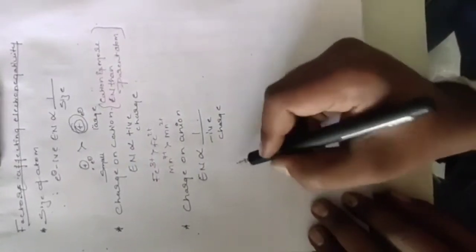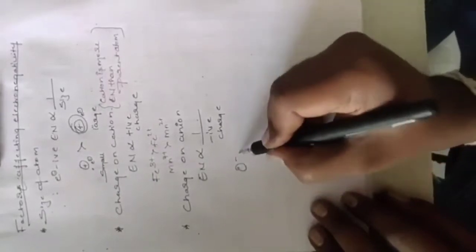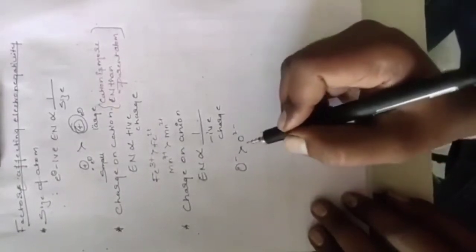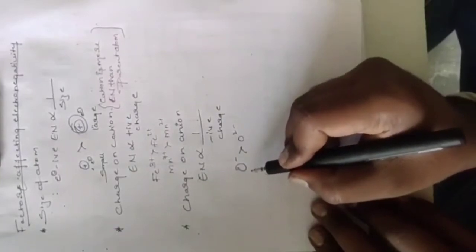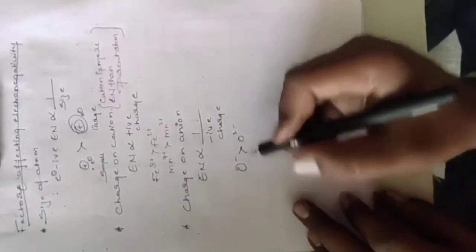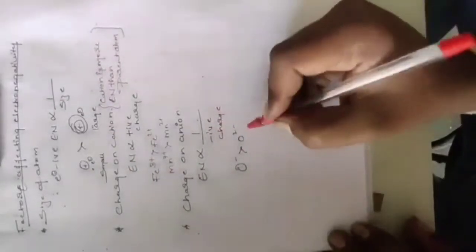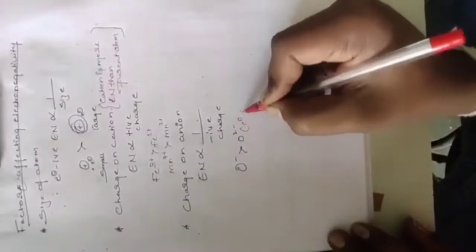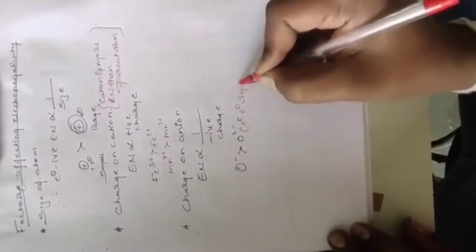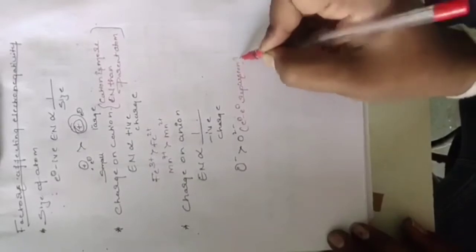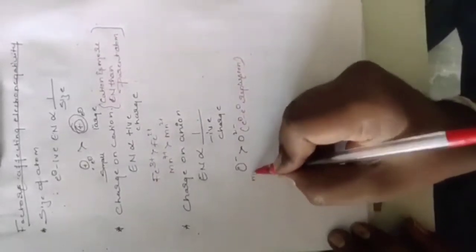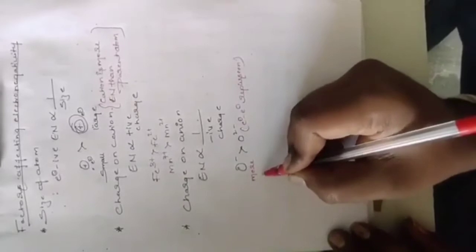For example, O minus is greater than O2 minus, because here there is more electronegativity compared to there, where electron repulsion is occurring.